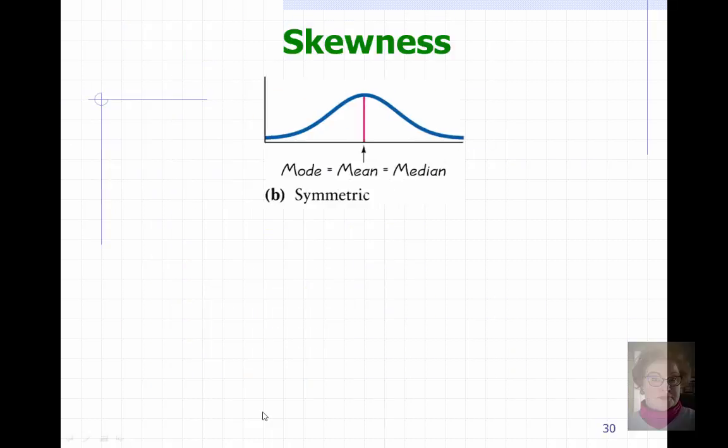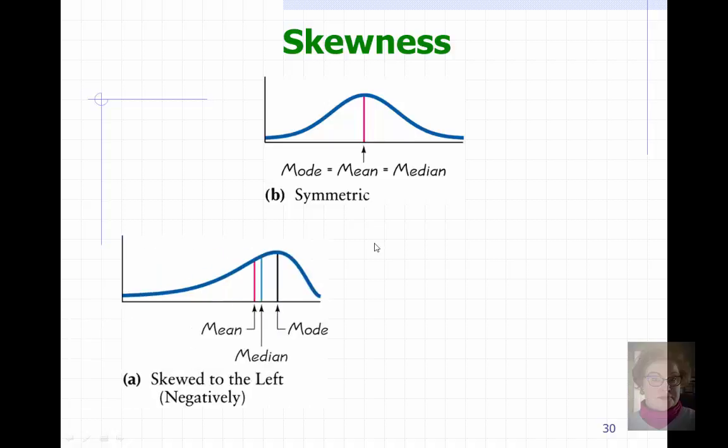Now, when we look at skewedness, remember in a symmetric distribution, the mean, the median, and the mode are in the same place. When we have a skewed distribution, the mean is pulled, so the mean will be less than the median. The mode is always where the peak is, so the mode really doesn't give us too many clues, other than when both the mean and the median are less than the mode, it gives you a clue that we have a negatively skewed distribution.